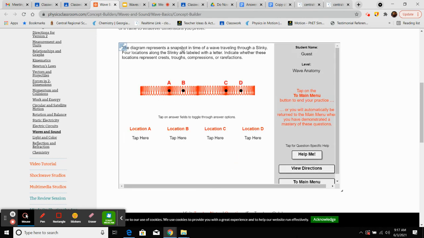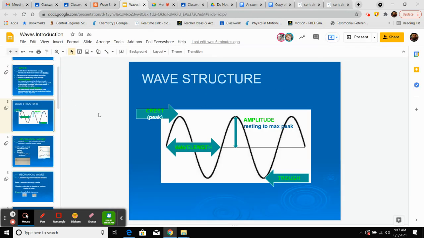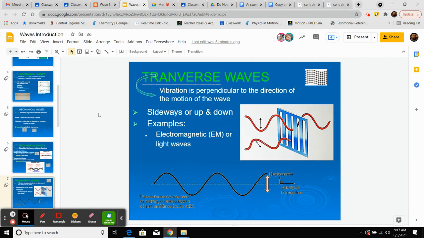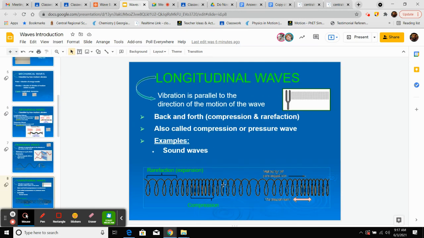Okay, here they want us to figure out what each of these guys are. So at point A, what do we call that? If this is a longitudinal wave, so again, have this open, guys, so you can help me out with this, please. Longitudinal wave, we got this piece here.